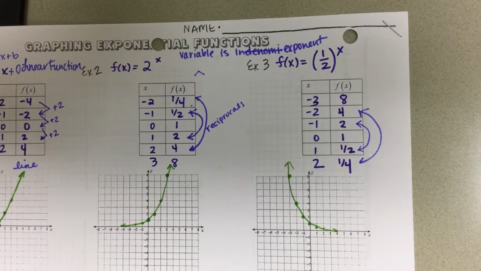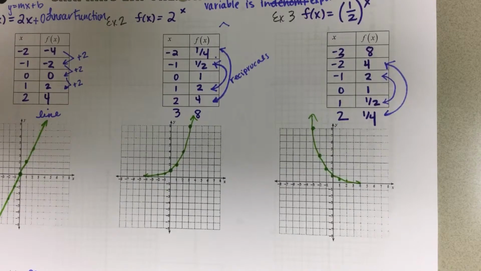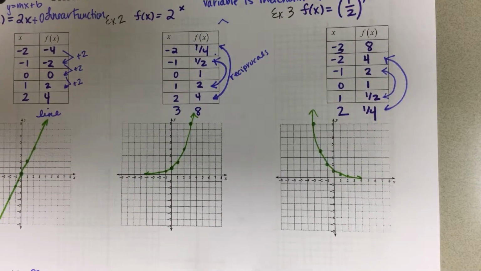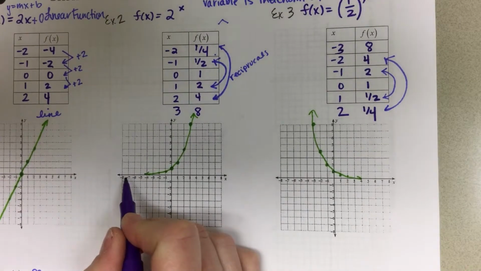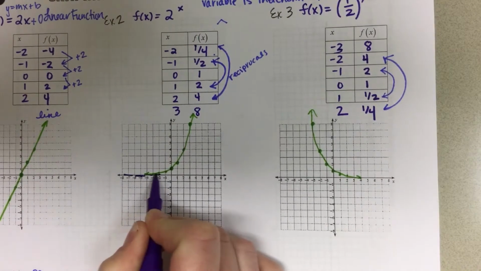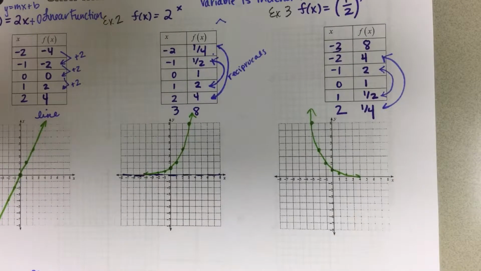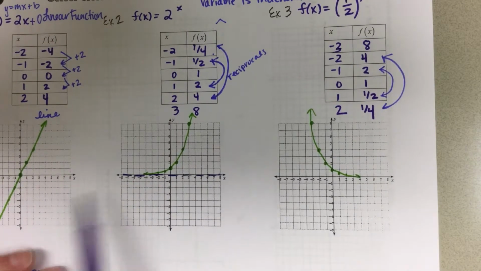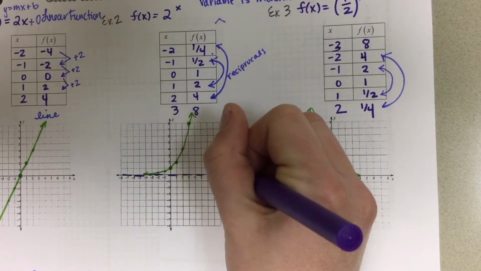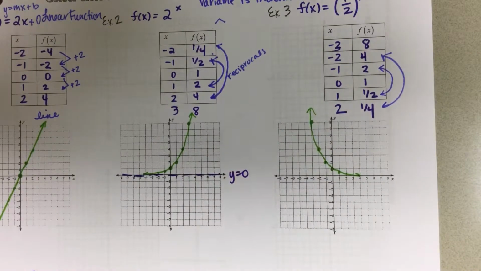Now, when we take a look at this graph, one thing that you need to know is that exponential functions have a feature that the other graphs that we've done so far have not had. And that is, they have what we call an asymptote. And in this case, our asymptote is the x-axis, or the line y equals 0.